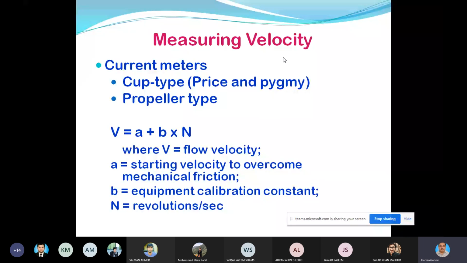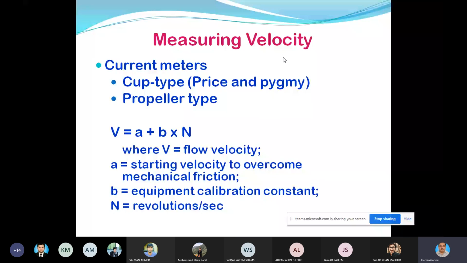So current meters are basically of two types: the cup type, the Price cup type current meter and the Pygmy, that is the shorter version of the cup type current meter, and the other is the propeller type.